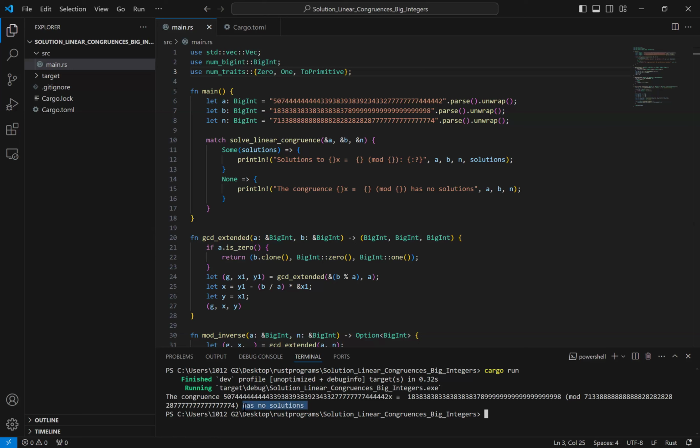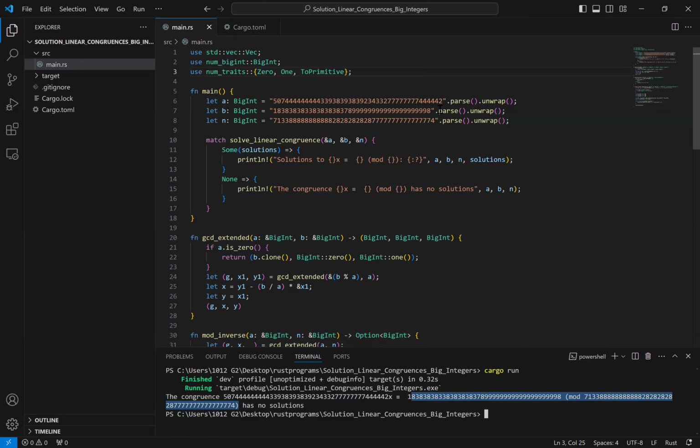It has told us that this one has no solutions, but it was able to run. And then it writes that this number times x congruent to this number mod this other number has no solutions.